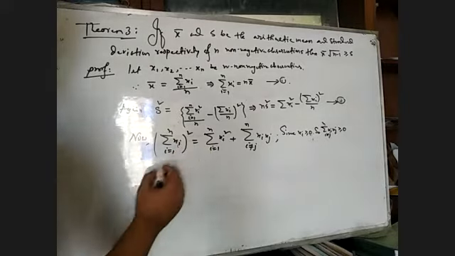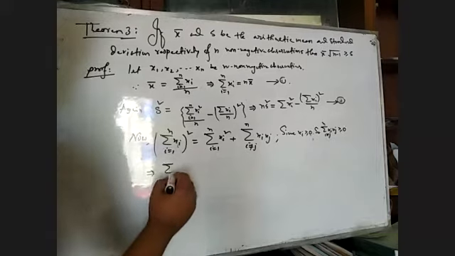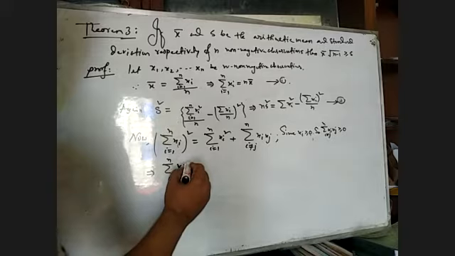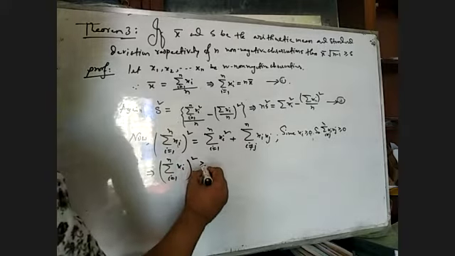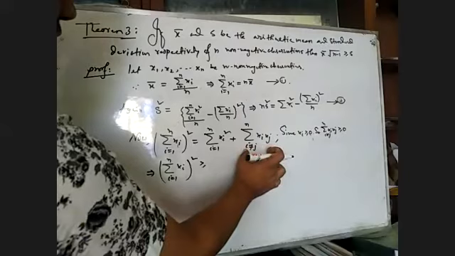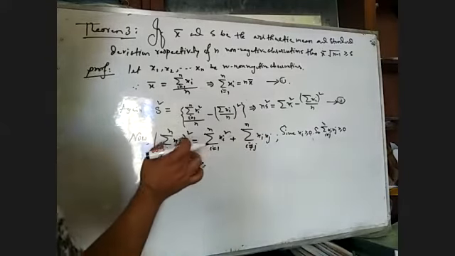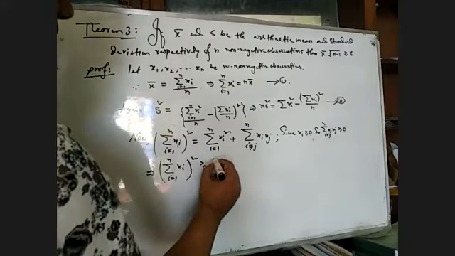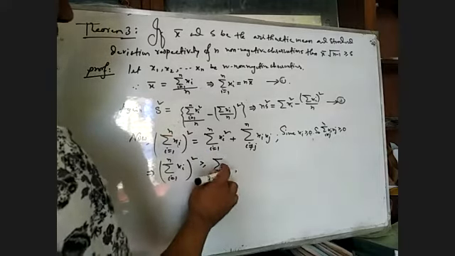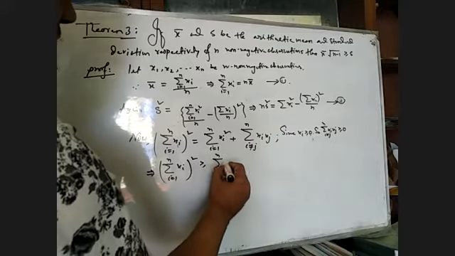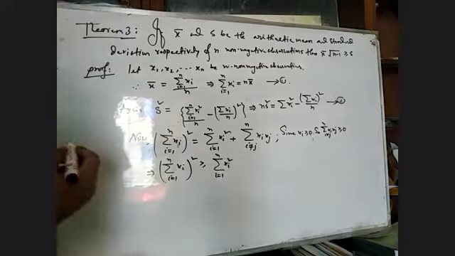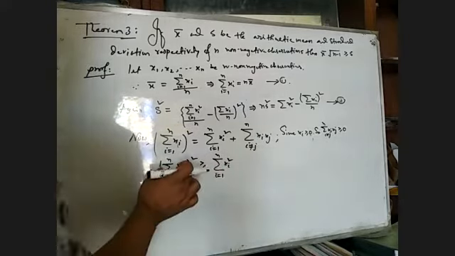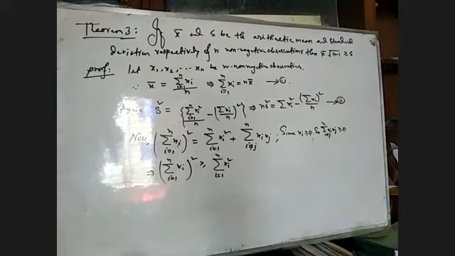Hence this line can be written as (summation xi, i equals 1 to n) whole square always greater than or equal to summation xi square, because this is non-negative, so this whole will be greater than this.